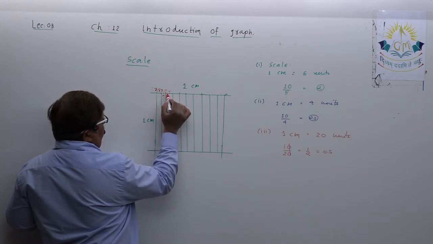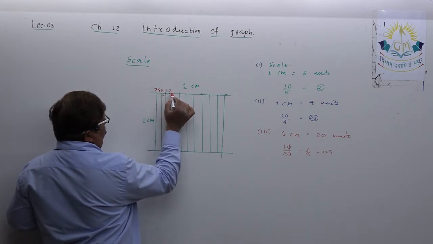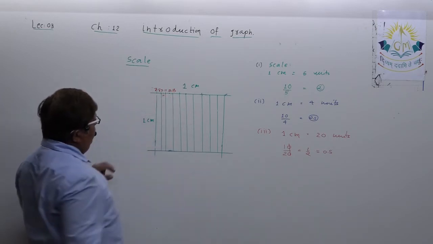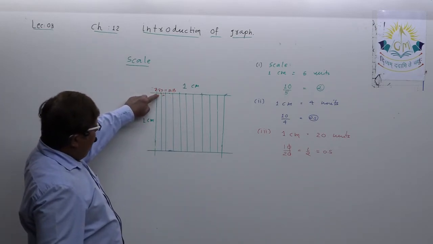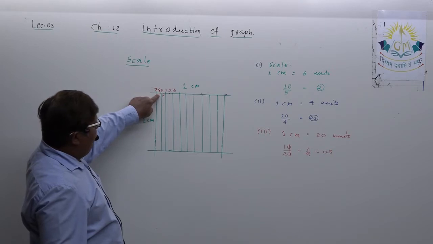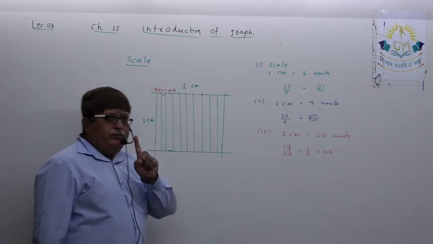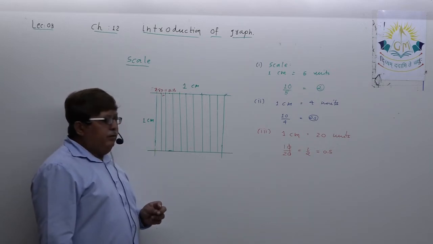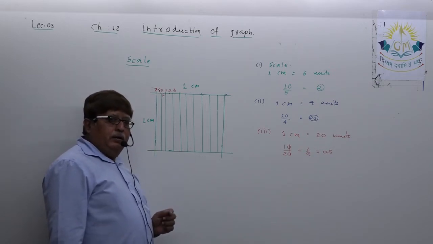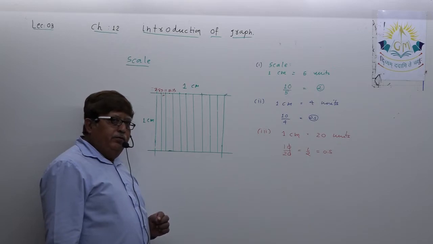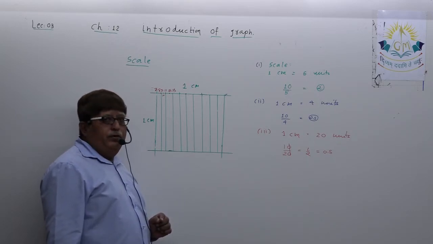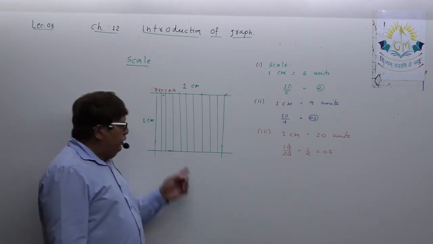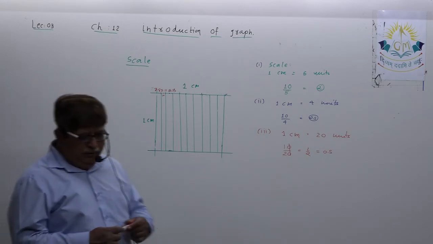This is 11.5, 12. This is 13. This way, every 5 small lines will constitute 1. So this scale factor is going to be very, very important for us. Understand in the next graph.